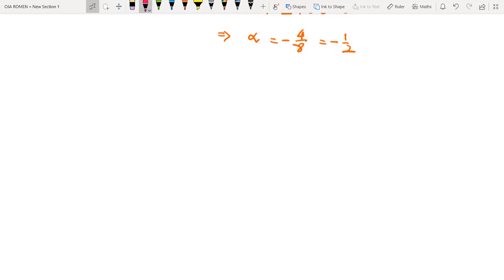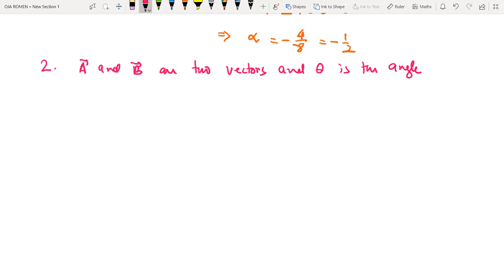Now A and B are two vectors and theta is the angle between them.